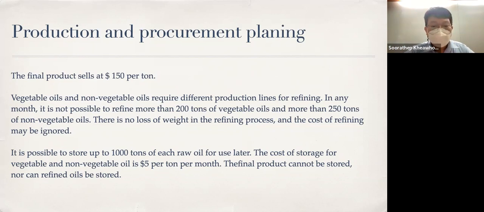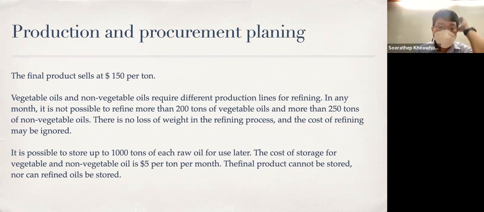And there is no loss of weight in the refining process. We assume it. This is an assumption. And the cost of refining may be ignored. No matter how much you process, the cost for refining is almost similar, so you ignore it.